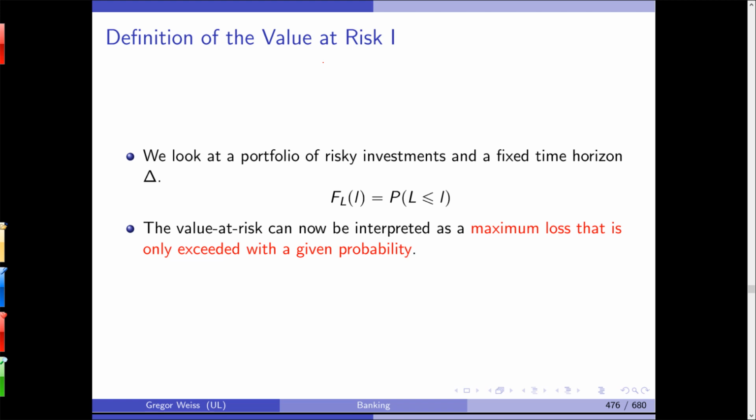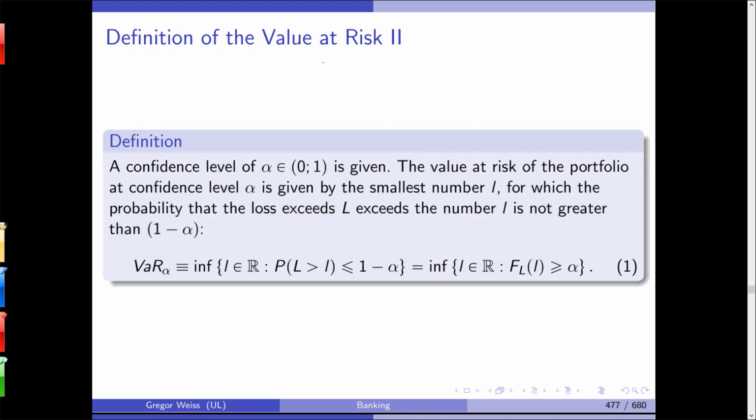Now that's the distribution function. Nothing new. What is value at risk then? Let this be. I will give you the exact definition, which might be a little bit cryptic to you.